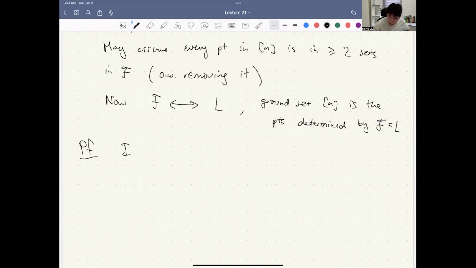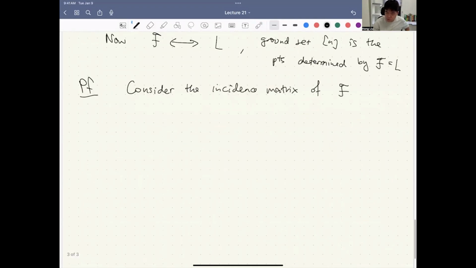So consider the incidence matrix of F. So what is this? What it means is the columns are the ground set and the rows are the elements of F. Let's say F has M elements in there.